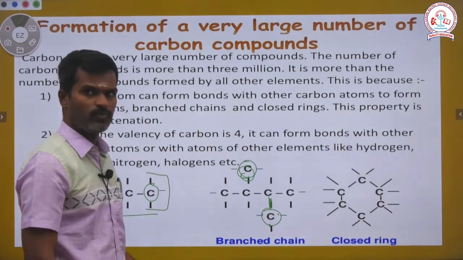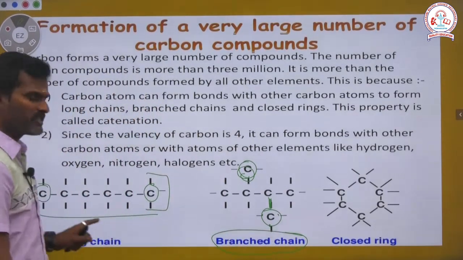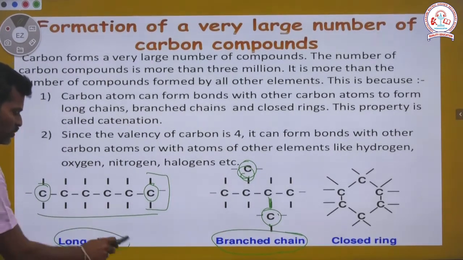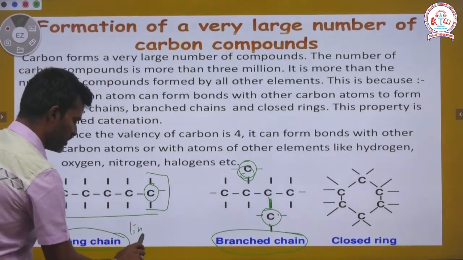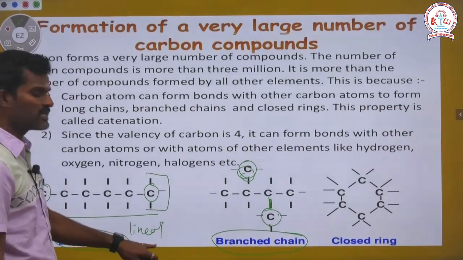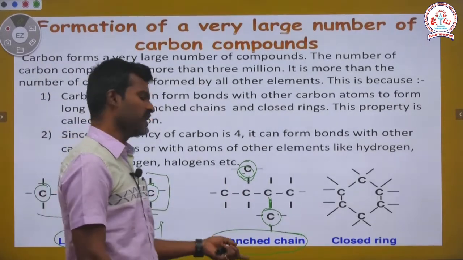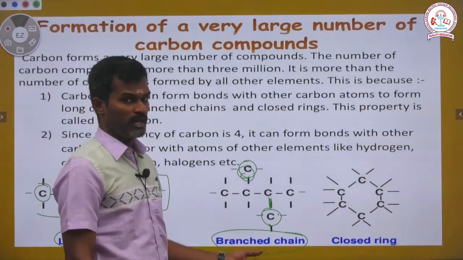It gets bound there. We call this a branched chain hydrocarbon. What do we see first? A long chain hydrocarbon, or linear chain hydrocarbon. Since we cut and join it, a branched chain hydrocarbon is created.